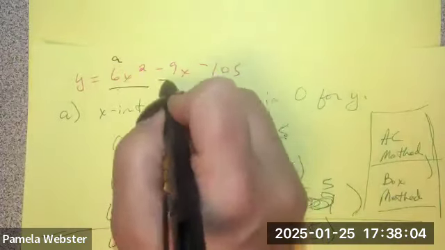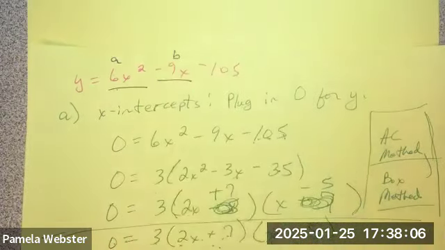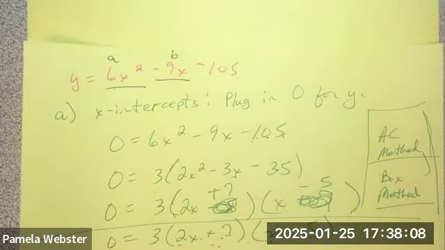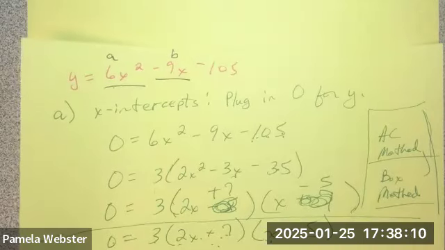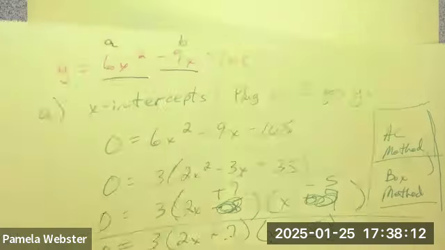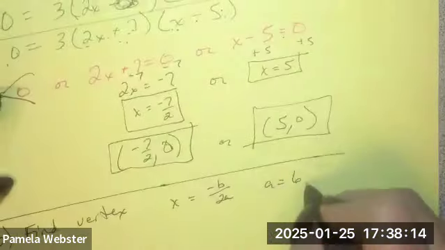What's my b? Here's my b guy. Remember, it's not the whole term. It's just the coefficient in front of the variable. So b equals negative 9. And my c guy is always the constant. C for constant, sitting out by himself, negative 105.